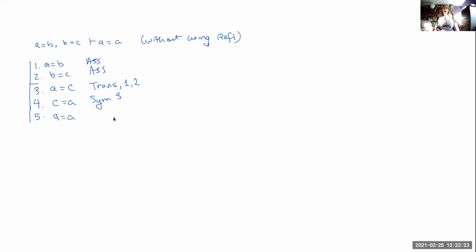So from this, I can prove that A equals A. Transitivity, lines 3 and 4. There you go. Not terribly interesting, but sometimes it's fun to see, can you prove certain things? If I removed a rule, would I still be able to prove reflexivity? Yes, if I have the right kinds of assumptions to get me started.